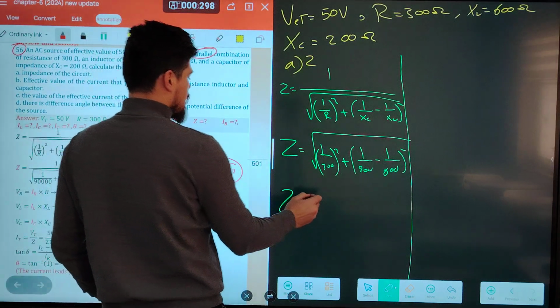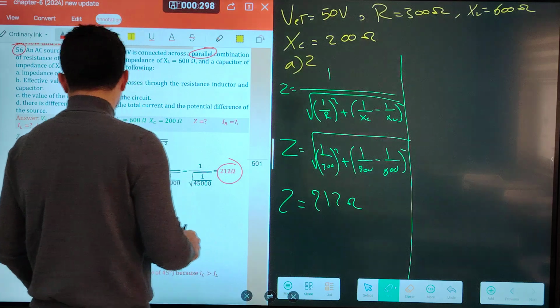By calculator, you will get 212 ohm. This is Z.